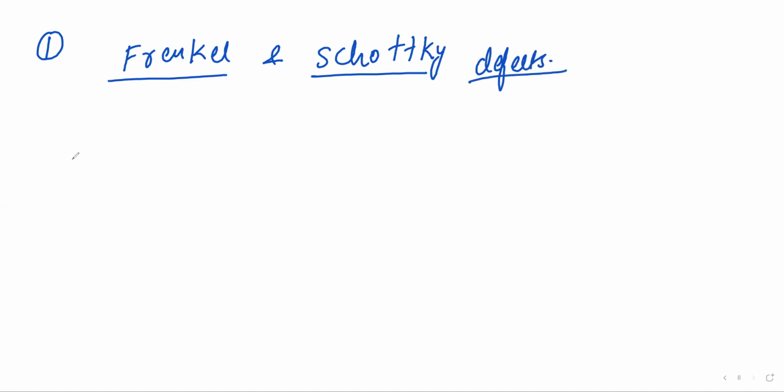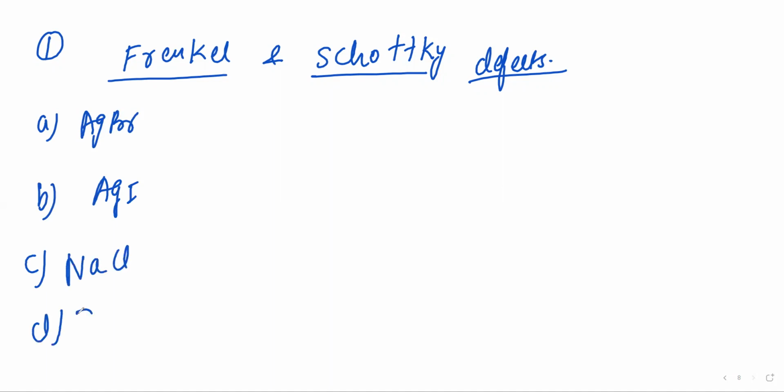So options are given, right? First option is silver bromide. Next is silver iodide. C option is NaCl. D option is zinc sulfide. So silver bromide shows both Frenkel and Schottky defects, right? So please write this one.